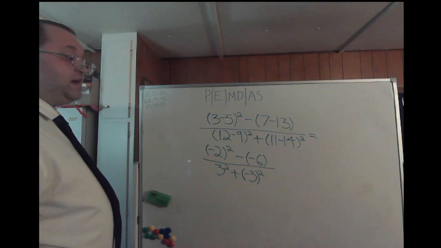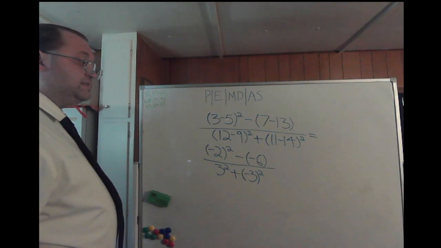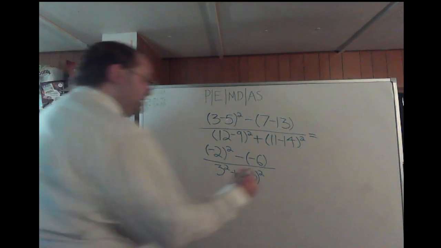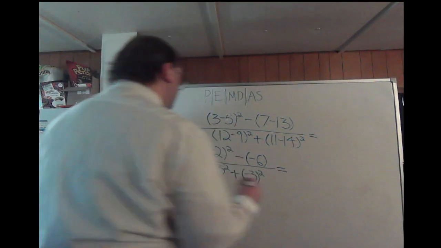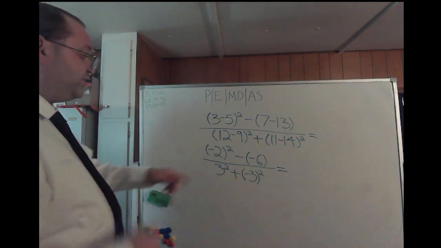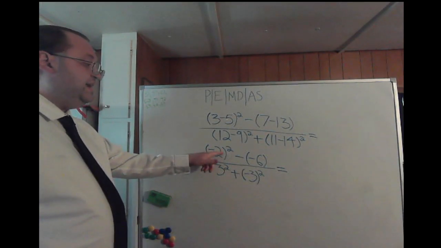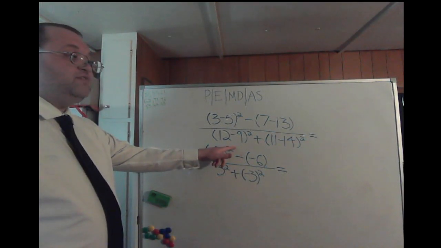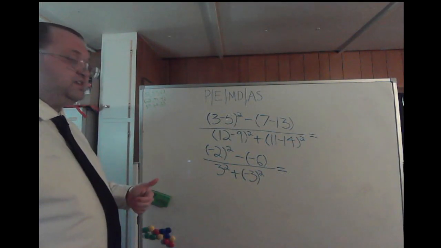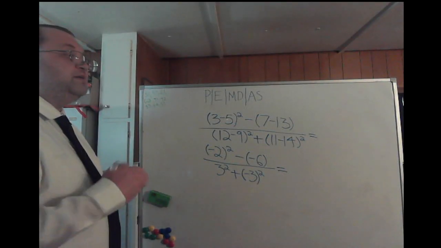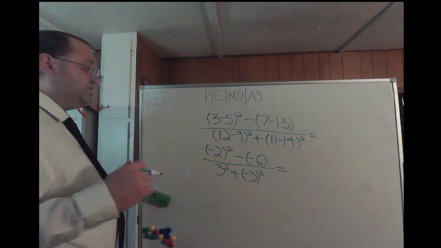Well, order of operations dictates next that we do our exponents. So remember, whenever you have in parentheses any negative number raised to an even power, whether it's 2, 4, 6, or so on, you'll get a positive result.